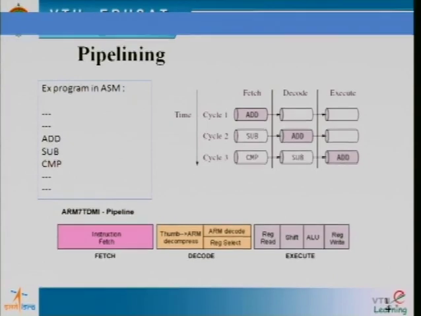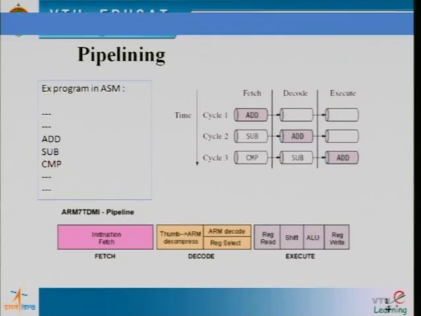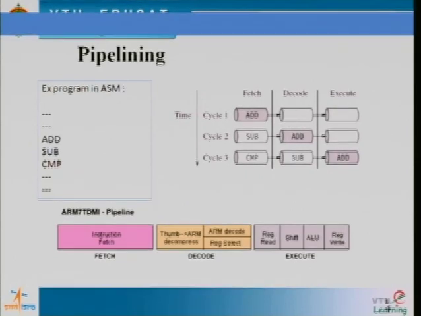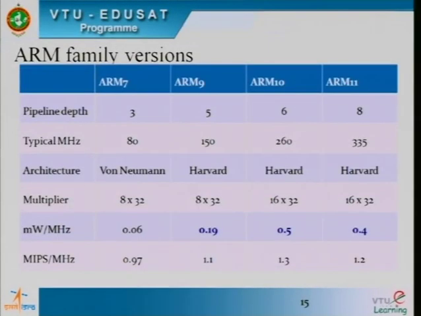But of course, sometimes we also have some disadvantages with a deep pipeline. However, restricting ourselves to the ARM processor, all ARM processors use pipeline activity for instruction execution. Some ARM processors make use of a 3-stage pipeline, like the ARM7, and some make use of a 5-stage pipeline and so on.